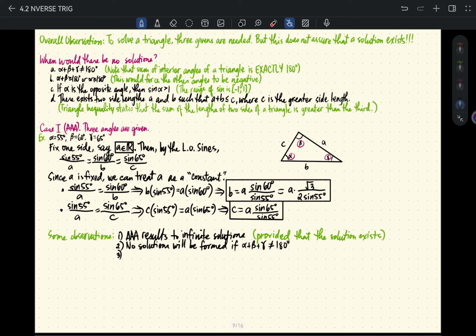And lastly, we can actually describe the infinite solutions easily.